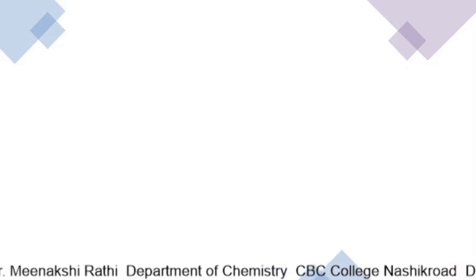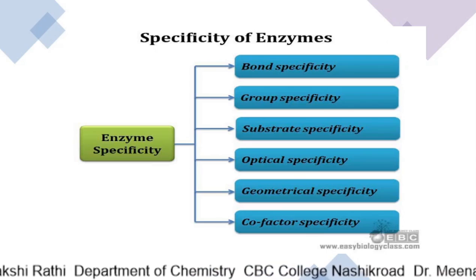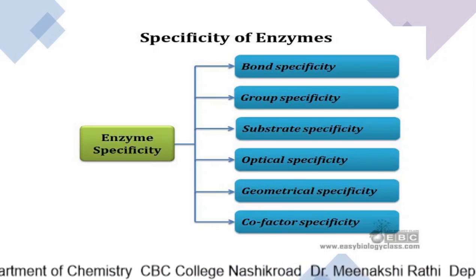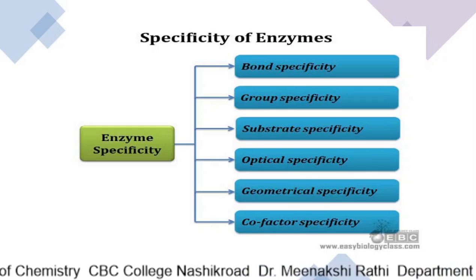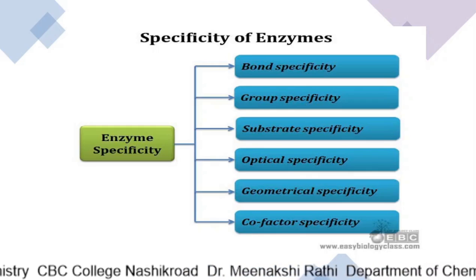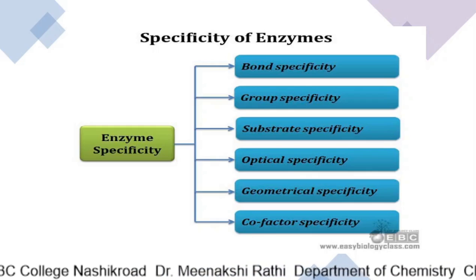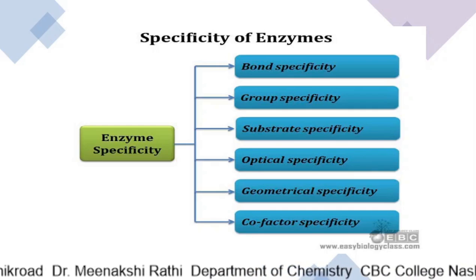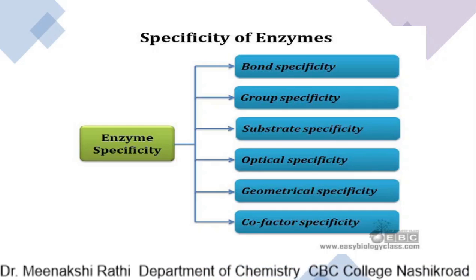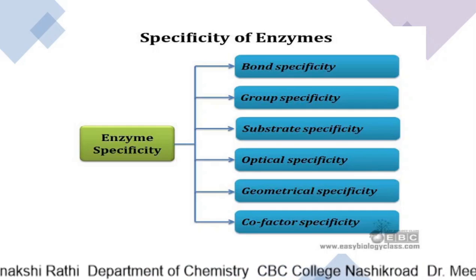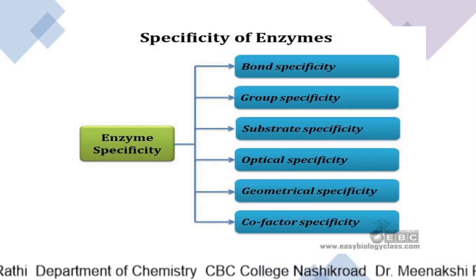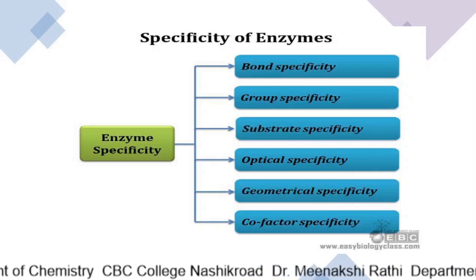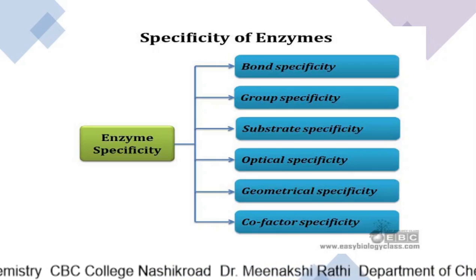Now let's discuss the specificity of the enzyme. Now we know that enzymes are proteins, and hence they have a specific three-dimensional conformation as a result of the unique twisting and folding of polypeptide chains.